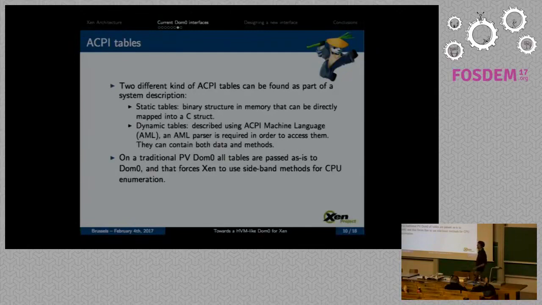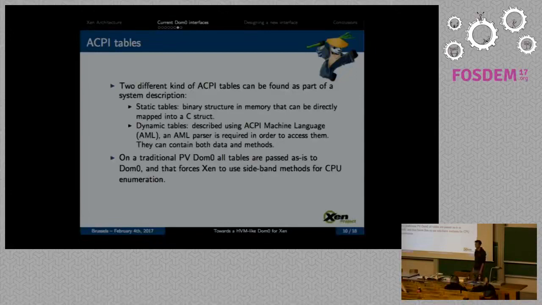They are very easy to parse, they are very easy to modify, they don't contain anything weird in general, but these tables are only meant to be used for very early boot information, and most of the real information on an ACPI system is provided using what's called dynamic tables. These tables are written in a language called ACPI Machine Language.